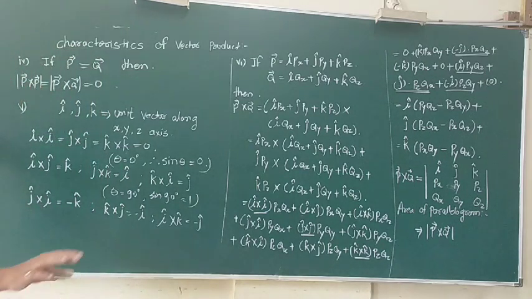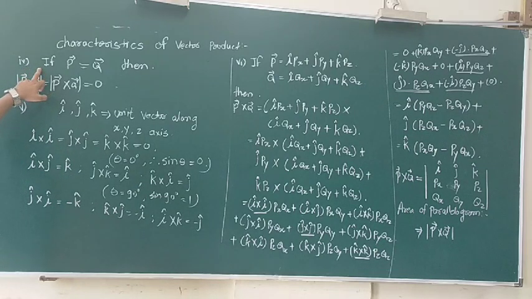See here, if the cross product or vector product is with respect to itself, it is equal to 0. The vector product of unit vectors i cap cross i cap, j cap cross j cap and k cap cross k cap is equal to 0.